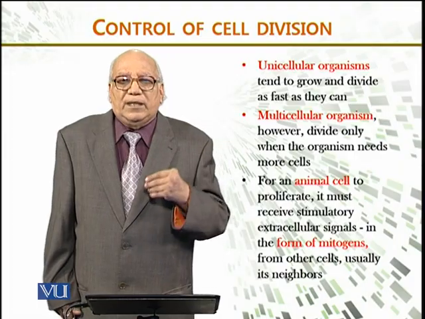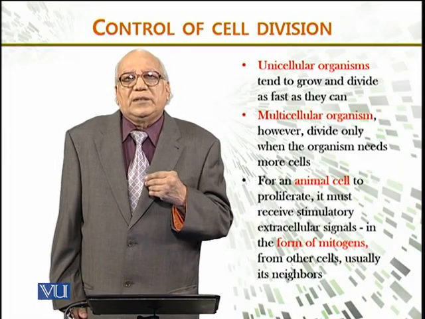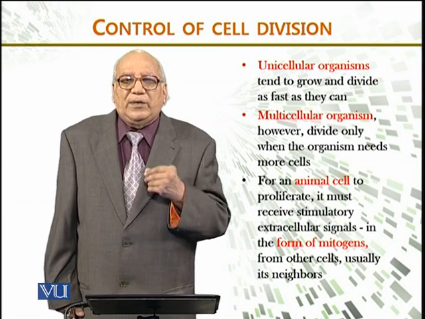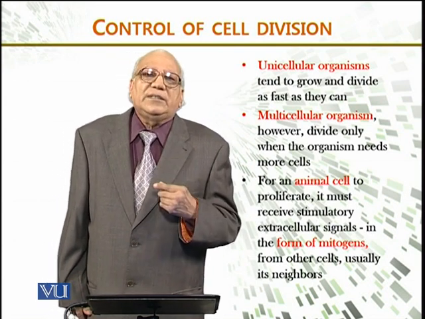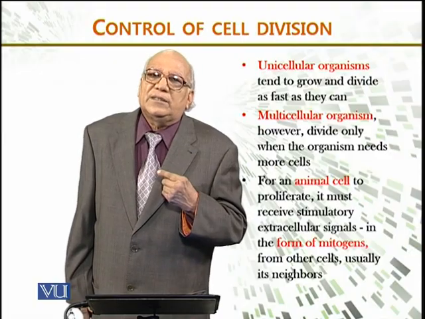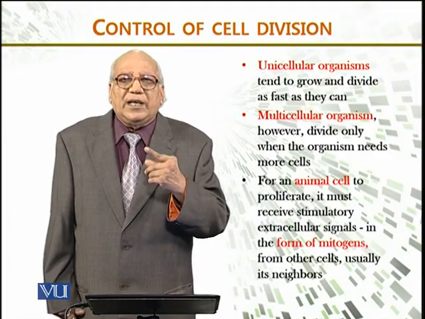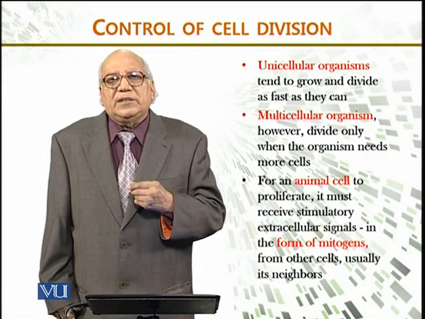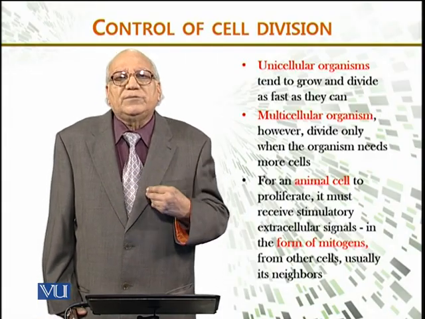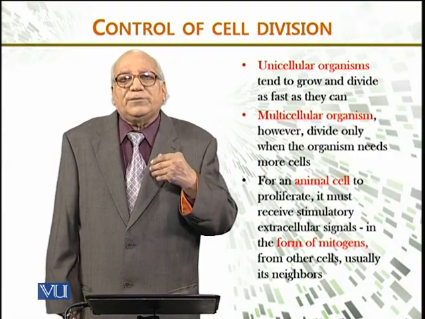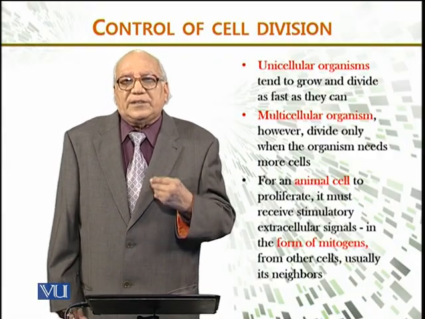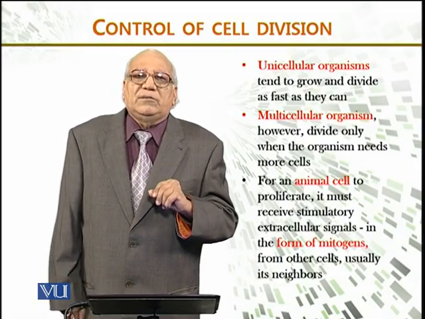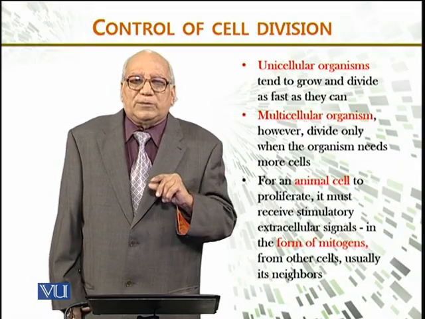But the multicellular organisms, जो कि ज़्यादा सेल से कंपोज होते हैं, however, they divide only when the organism needs more cells. Otherwise, if the cells continue to grow, the organism becomes very large, just like think of a liver or kidneys or things like this. But there, the cells divide only when the organism needs more cells.